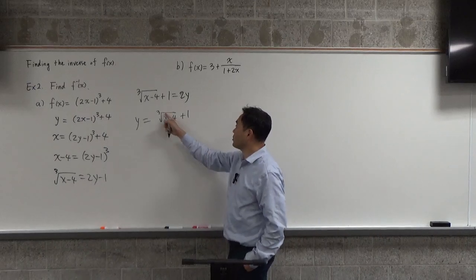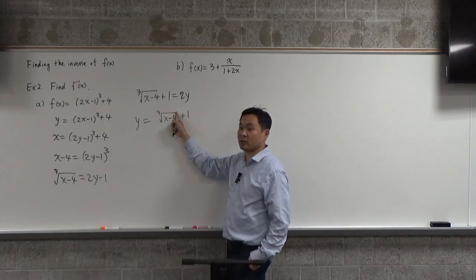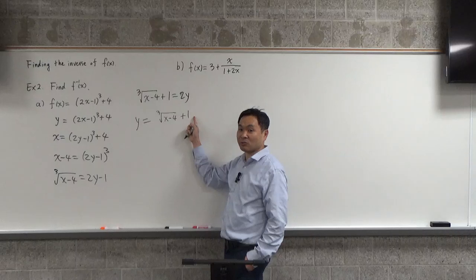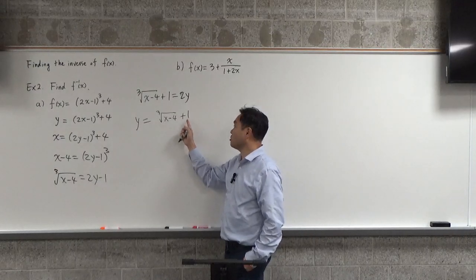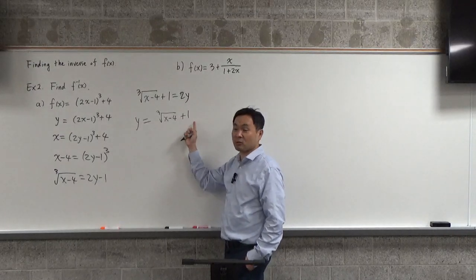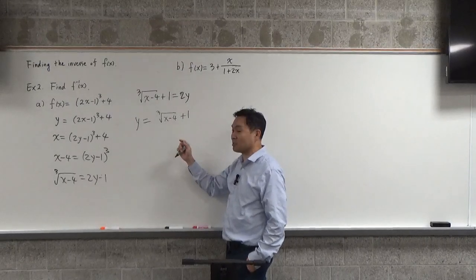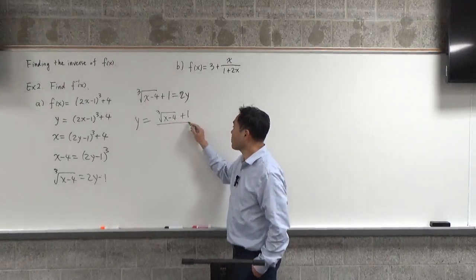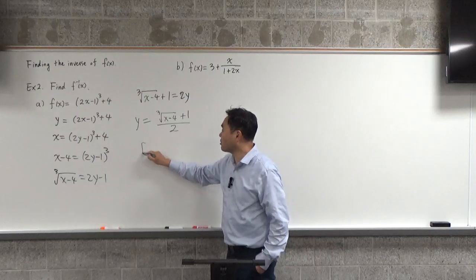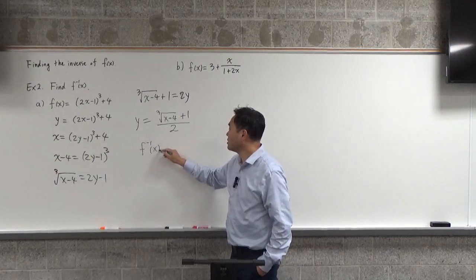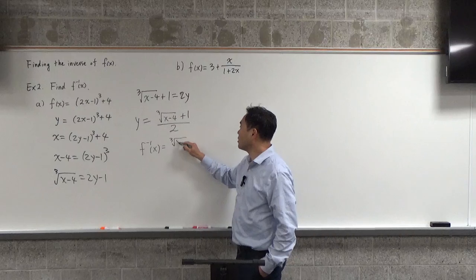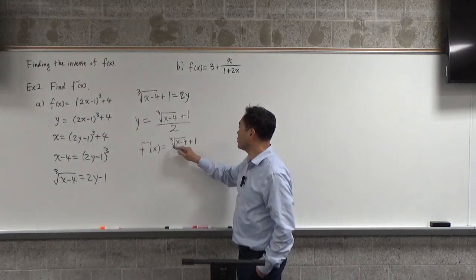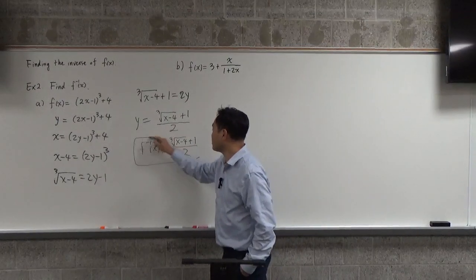Now make sure that your cube root just ends right here, and then 1 is added outside. It's not true that this plus 1 has to remain outside. It cannot be combined inside. Then you get something wrong. So you divide by 2, and therefore f inverse of x is equal to cube root of x minus 4 plus 1 over 2. That's the answer.